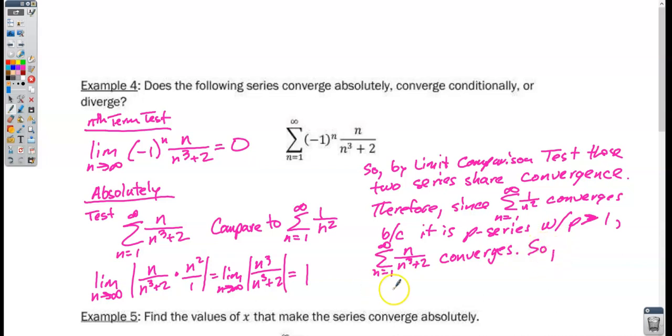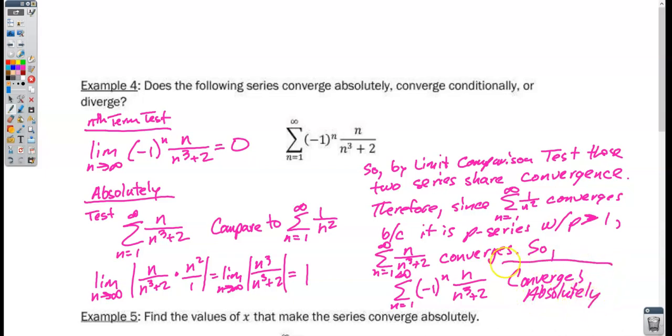So, the sum from 1 to infinity of -1 to the n times n over n cubed plus 2 converges absolutely, since the absolute value of it converges.